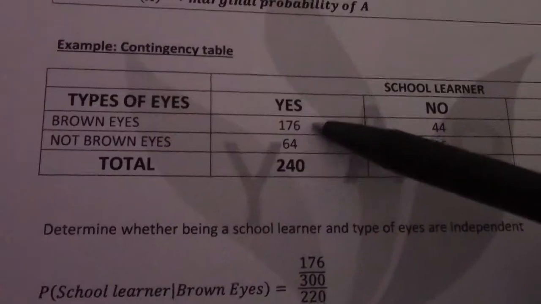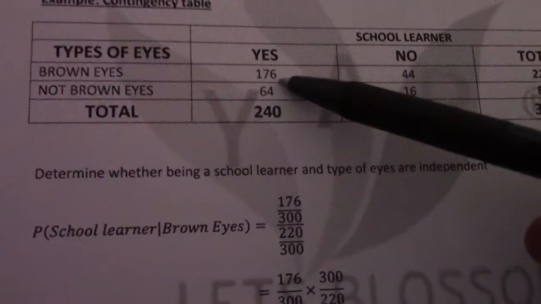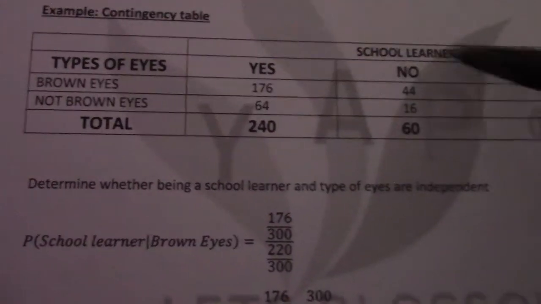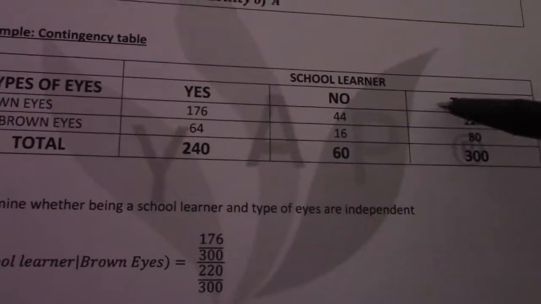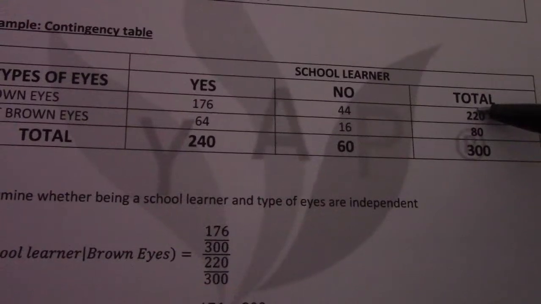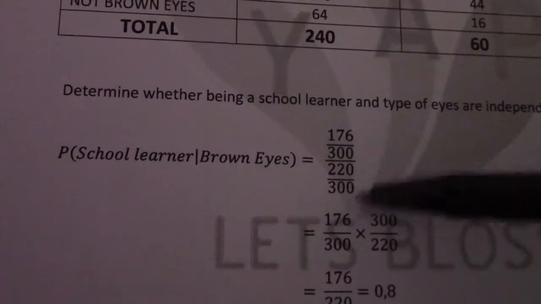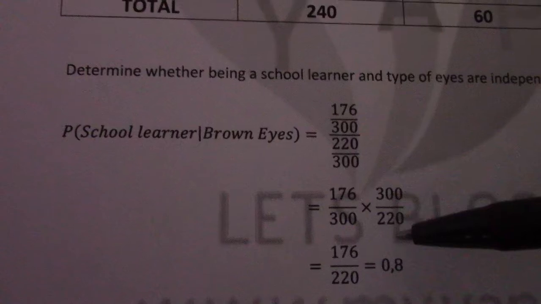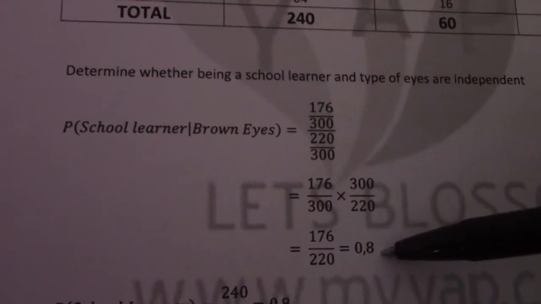The probability of school learner with brown eyes is 176 over 300, divided by 220, which is the amount of brown eyes, whether school learner or not, 220 over 300. It becomes 176 over 300 times 300 over 220. The 300 cancels, I'm left with 176 over 220, which equals 0,8.